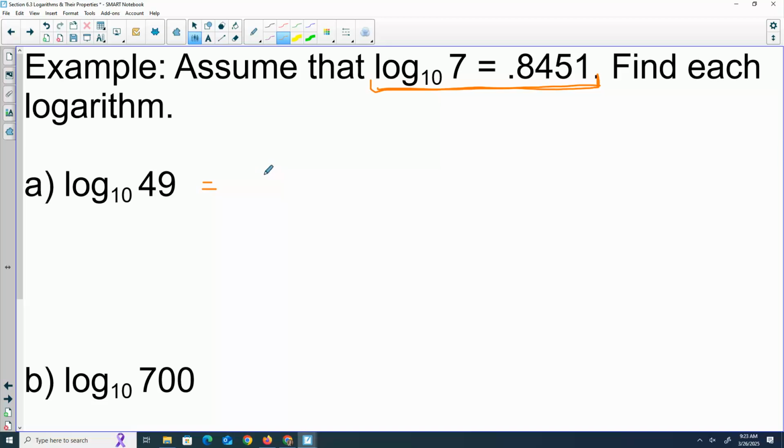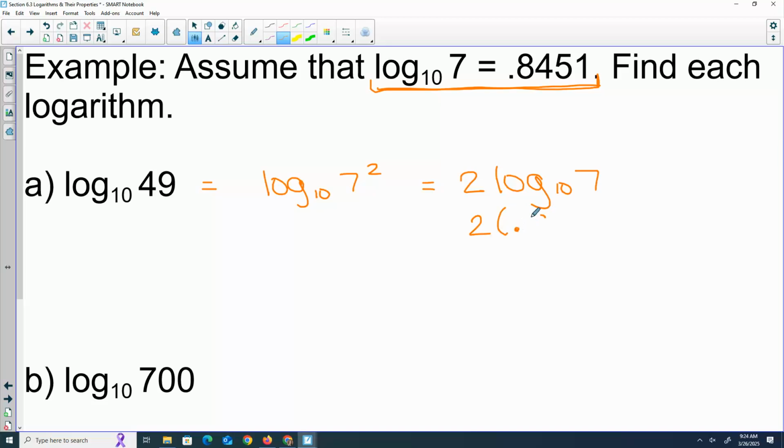Well, 49 is 7 squared. So then you should be able to square 0.8451. We wouldn't square it. Remember, properties of logs, the square would come down in front. So that's 2 times log base 10 of 7.